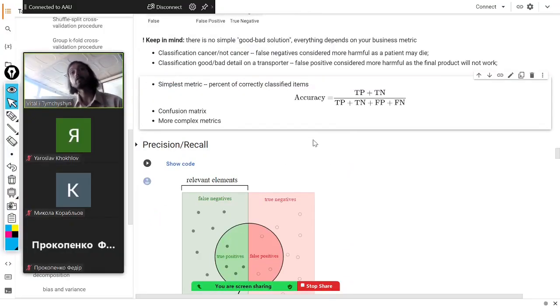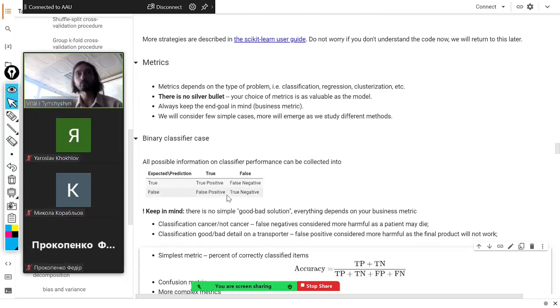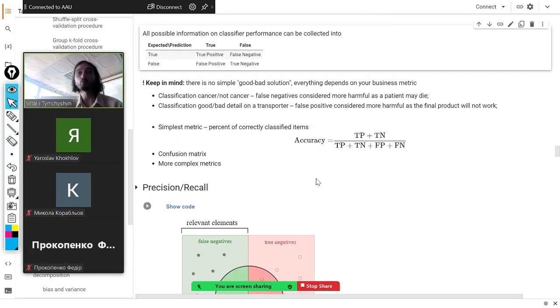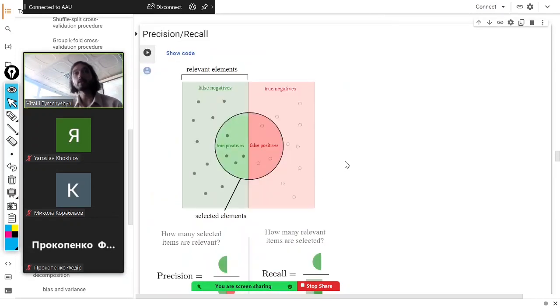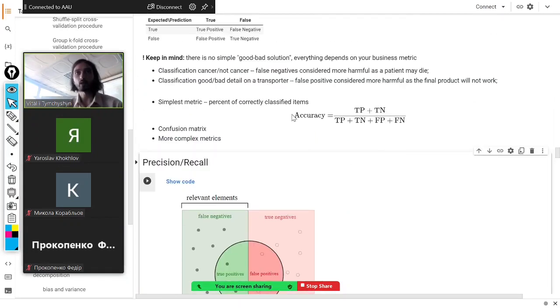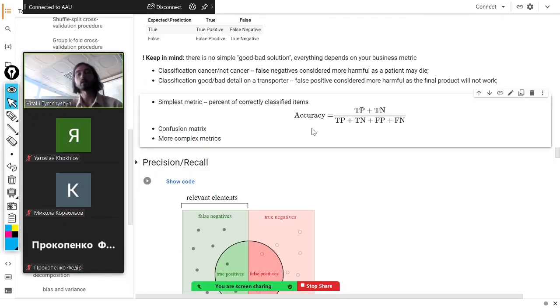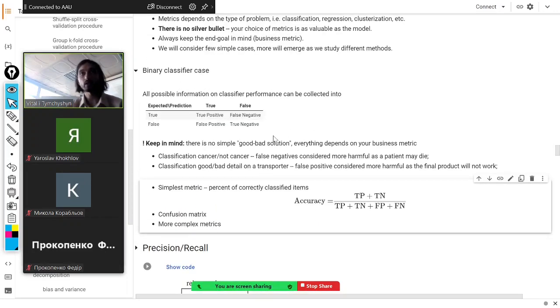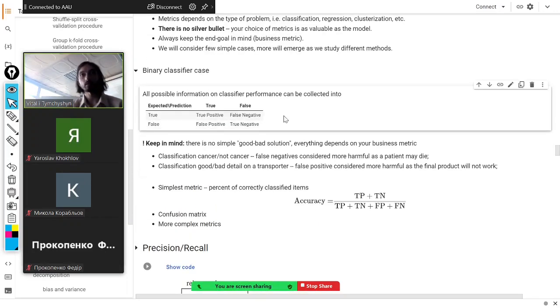Here are some more characteristics that people came up with to make that sort of problem easier to deal with. You will probably see things like the confusion matrix. That's the case of this matrix, but for many classes.